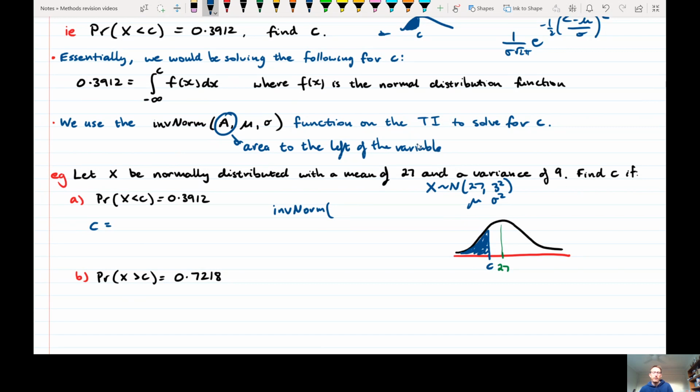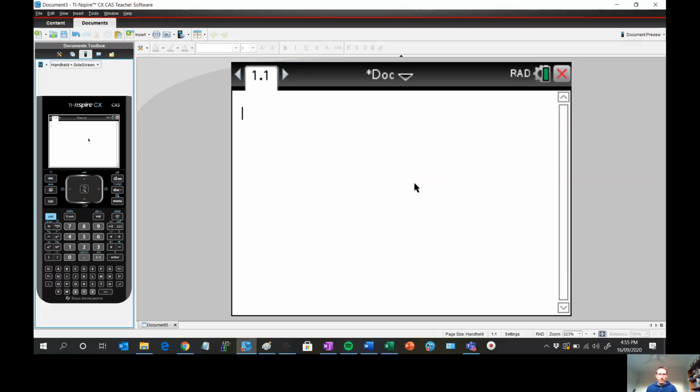It's when we get the next question, we're dealing with bigger than. It's not so good, but we'll get to that in a minute. So the area to the left of the variable is what we put in here. So in our case, it's 0.3912. Mu is 27 and standard deviation is 3. You enter that in your calculator, press enter, and you're going to get your result, which should be less than 27. So let's give that a go.